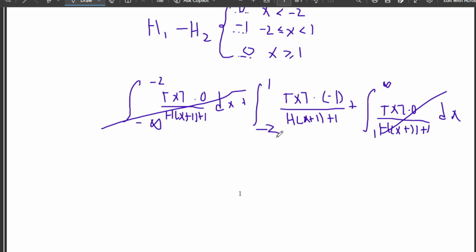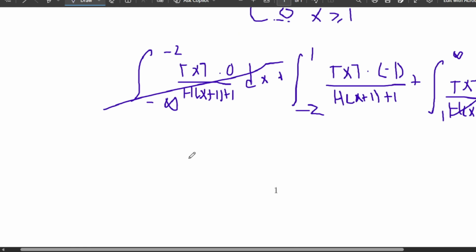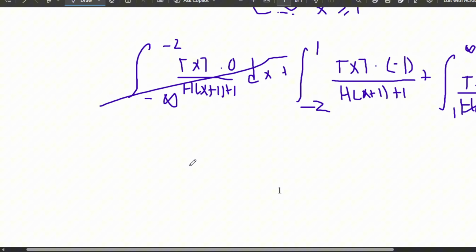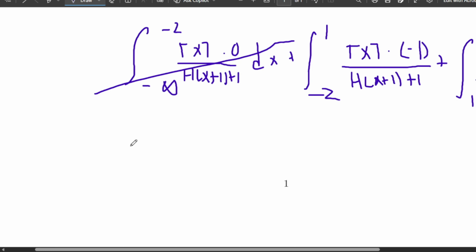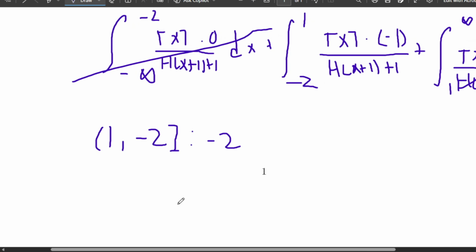We know that the ceiling function takes the nearest biggest integer in the interval. So if we have, like, a number between negative 2 and negative 1, we take the bracket on the right side, so the ceiling would be negative 1.